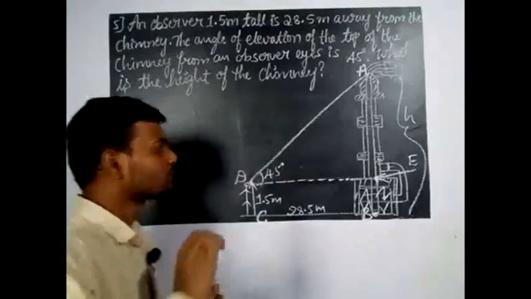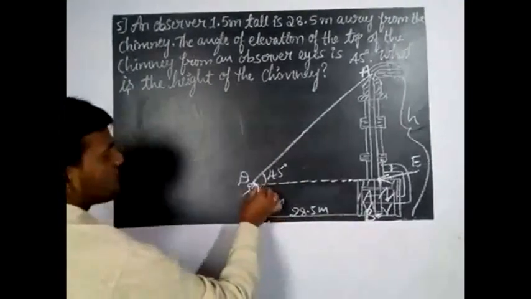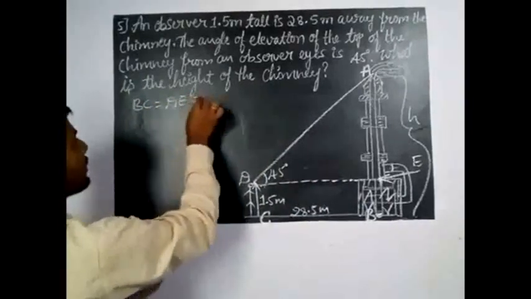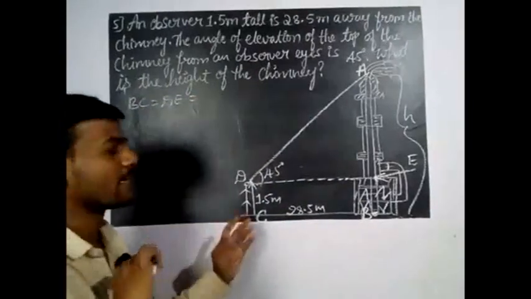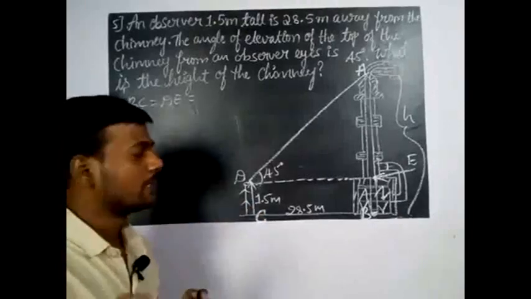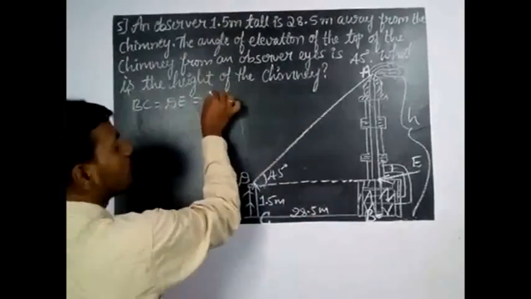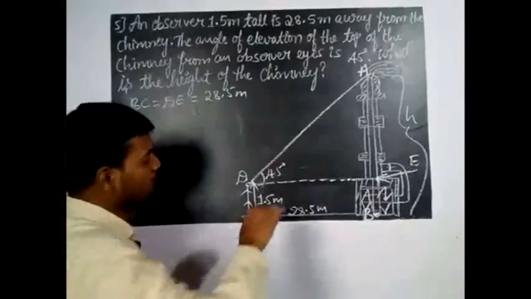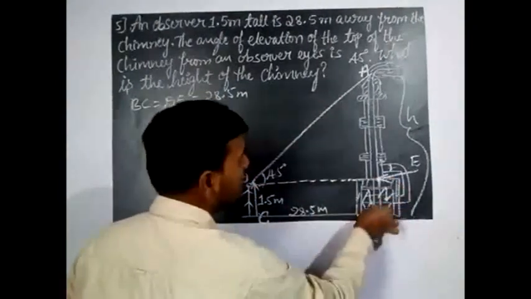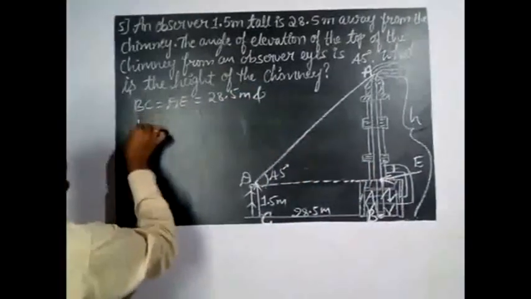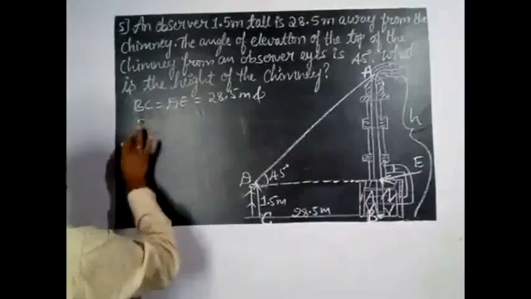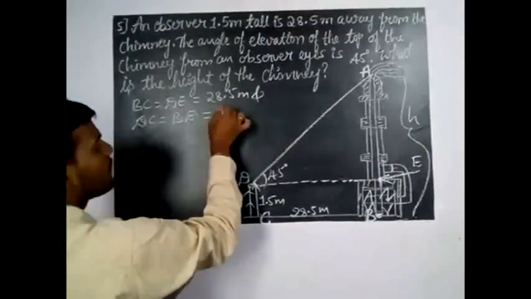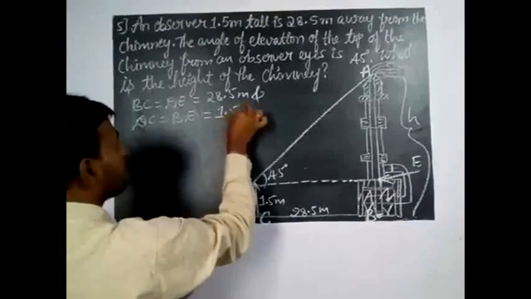Okay, here BC is equal to DE, since they are parallel. So BC is equal to DE, which is equal to 28.5 meter, and here DC is equal to BE, which is equal to 1.5 meter.